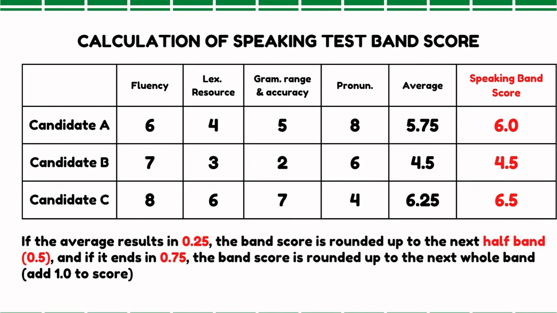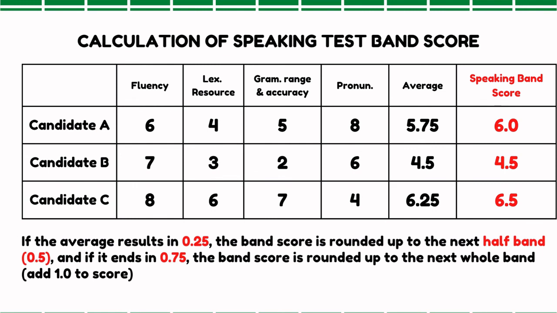Let me point out here that when the average is calculated and it results in a decimal figure of 0.25, it is rounded to the next half band. On the other hand, if it ends in 0.75, it is rounded to the next whole band.